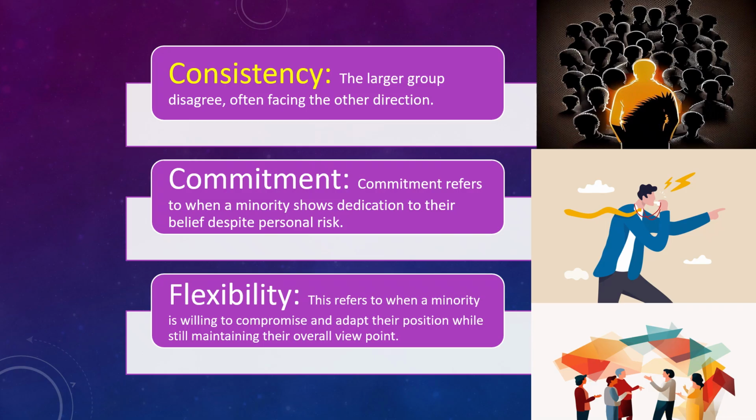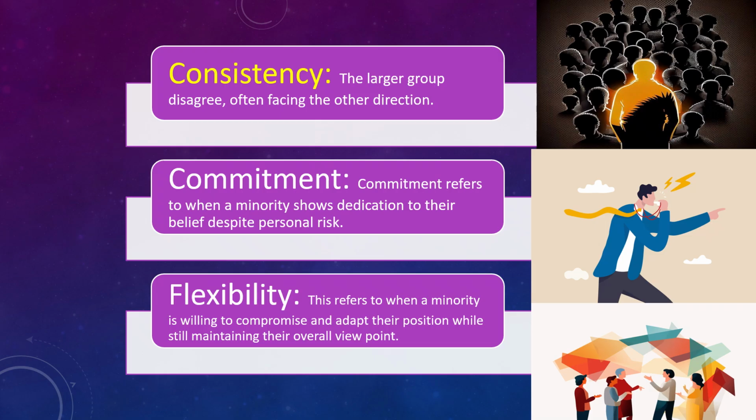The next one is flexibility. Flexibility refers to when a minority is willing to compromise and adapt their position while still maintaining their overall viewpoint. Within minority influence, they show flexibility and listen to others' perspectives as well. At the same time, they won't change their opinion.